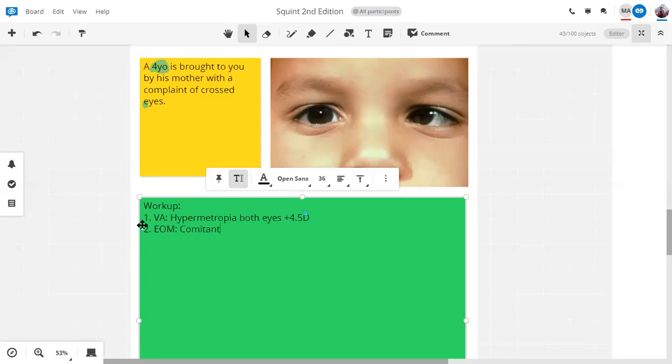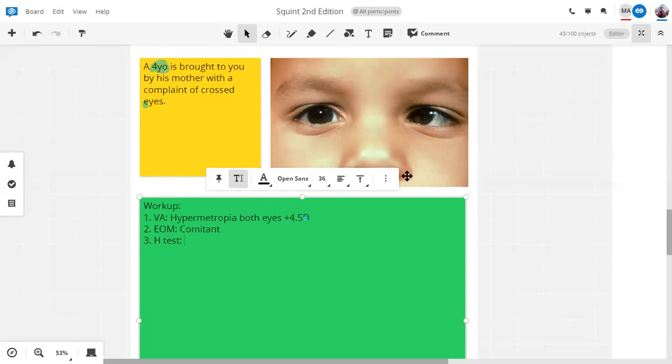Eye movements committed है, इसका क्या मतलब है: the apparent gaze which we saw immediately at the start, जिसकी basis पे हम Hershberg's test कर रहे हैं, that deviation remains constant in all directions of gaze.